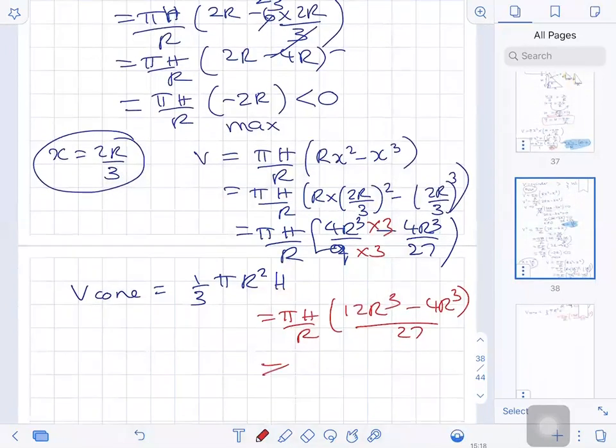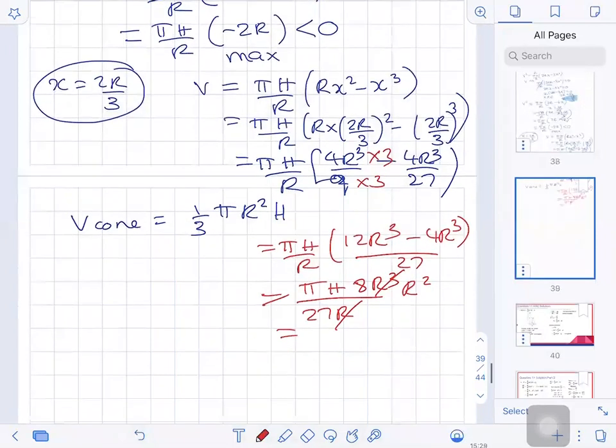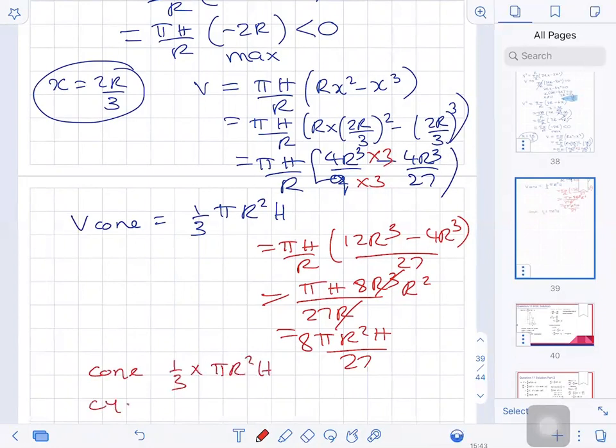All right, pi h, 27r, 8r cubed. So the r's will go out, so you get r squared. So it equals pi r squared h on 27 with an 8. So the cone is 1/3 times pi r squared h. The cylinder is 8 on 27 times pi r squared h.